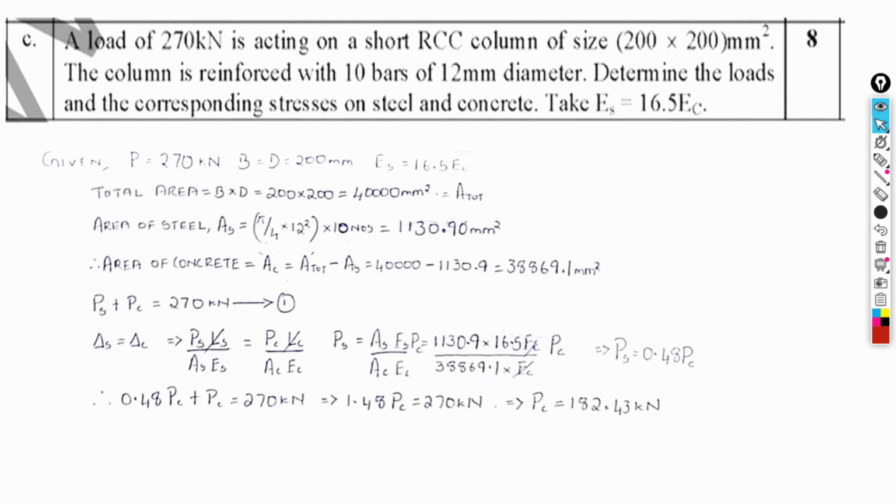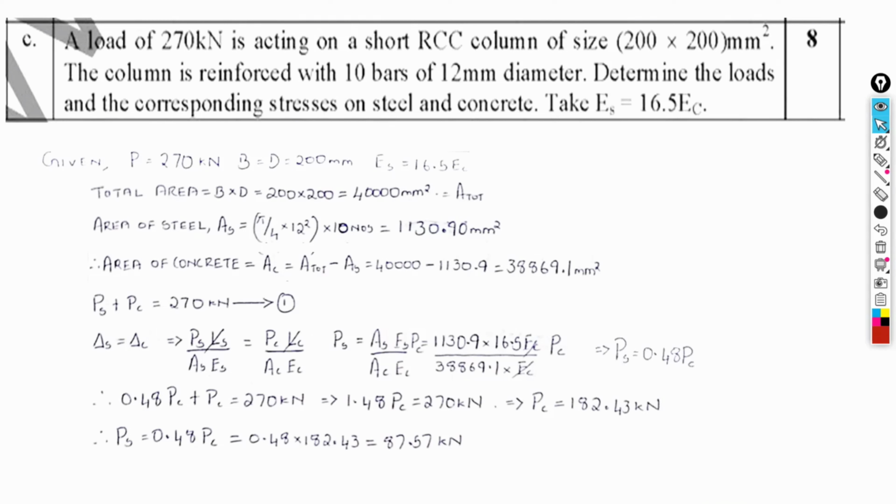After solving, we will get PC equal to 182.43 kilonewton. The load on the concrete section is 182.43 kilonewton. Similarly, the load on the steel reinforcement is 0.48 PC, and we know the value of PC. So 0.48 into 182.43, we will get 87.57 kilonewton. These are the loads on the concrete and steel sections.